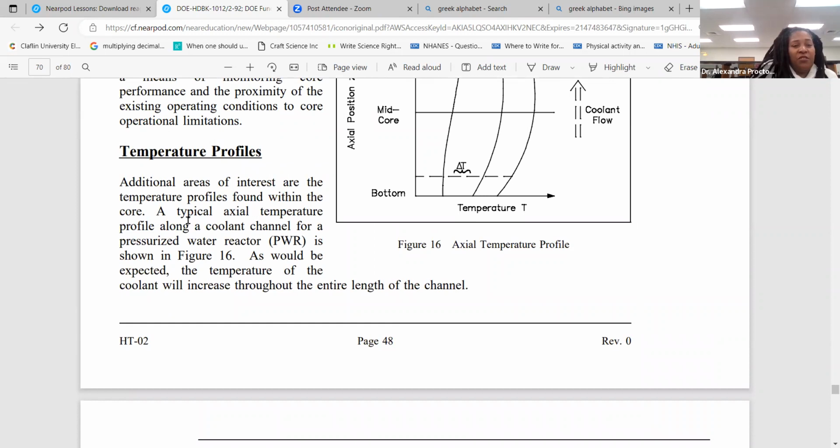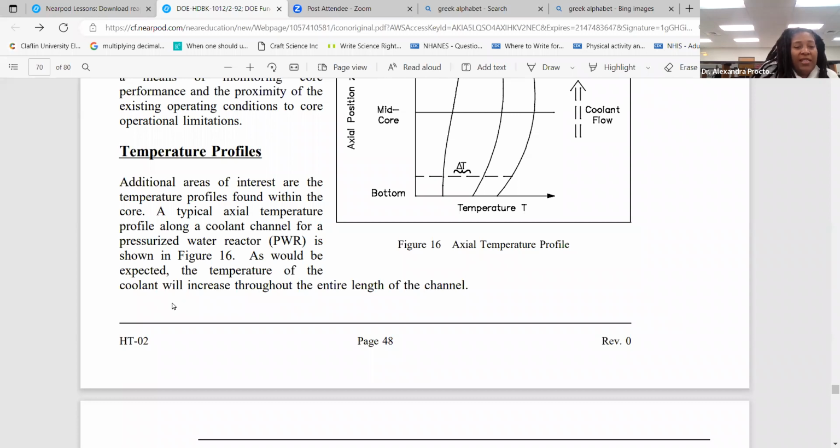Additional areas of interest are the temperature profiles found within the core. A typical axial temperature profile of a coolant channel for a pressurized water reactor, PWR, is shown in figure 16.